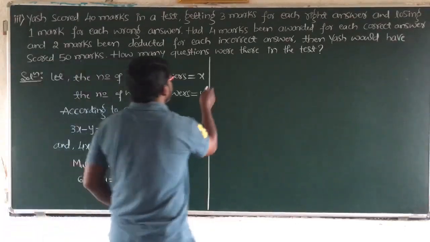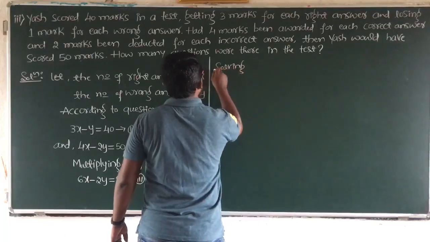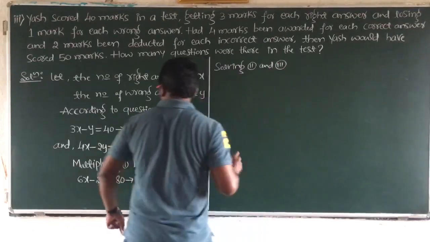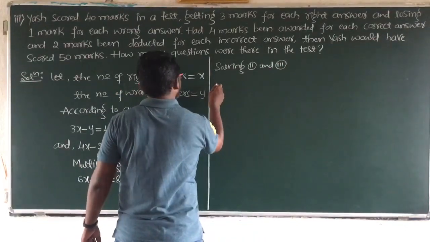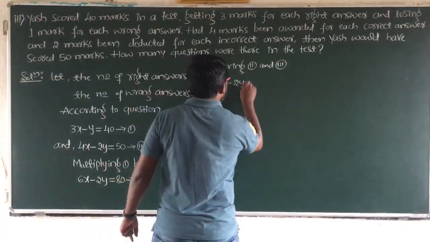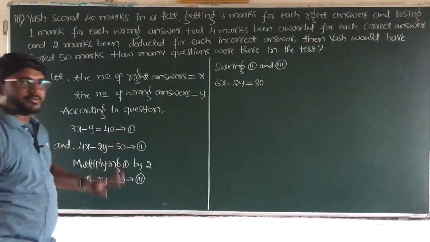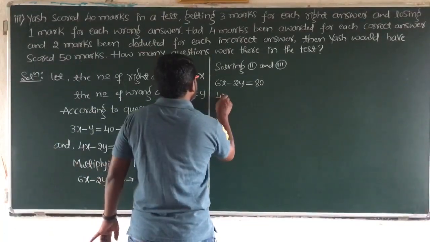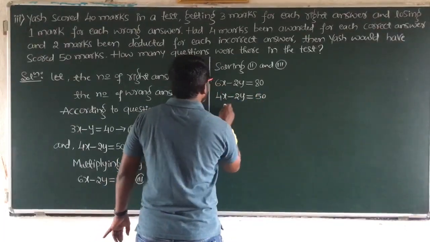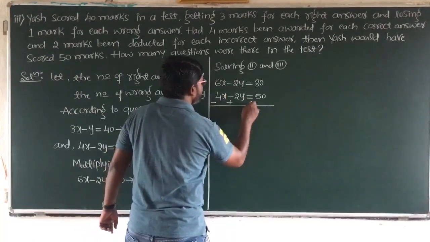So now we have to solve equation 2 and equation 3. So 6x minus 2y equals 80, then 4x minus 2y equals 50. Now go for the sign change, minus plus minus.